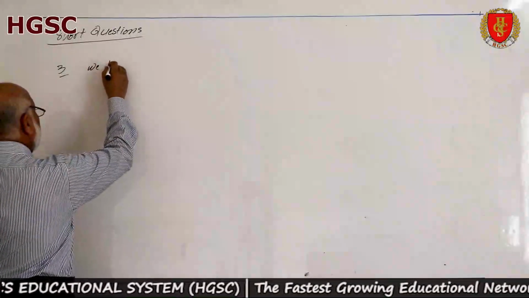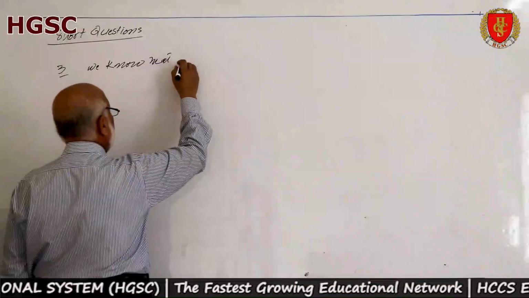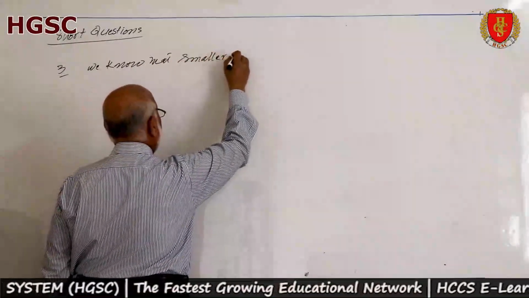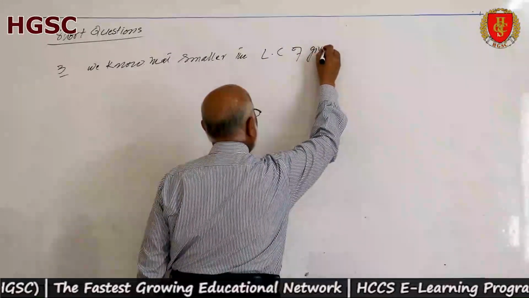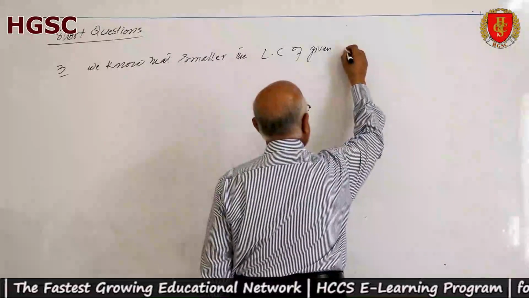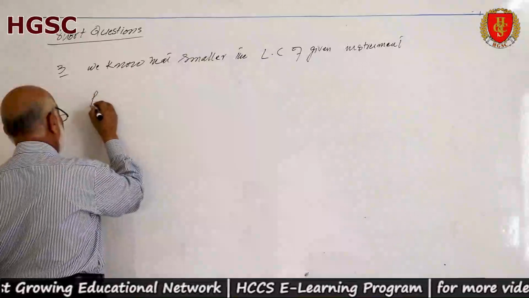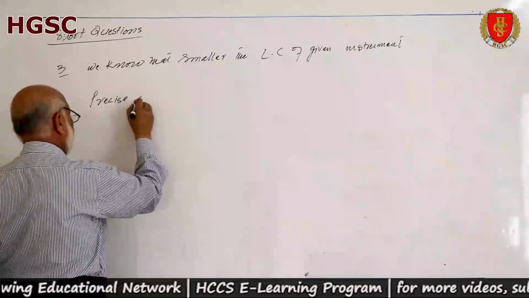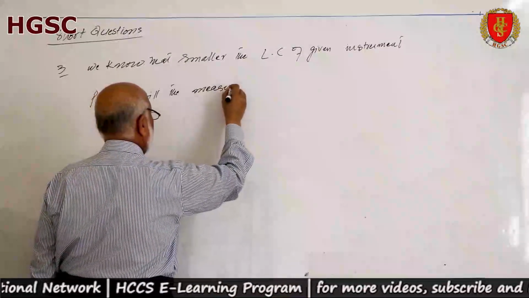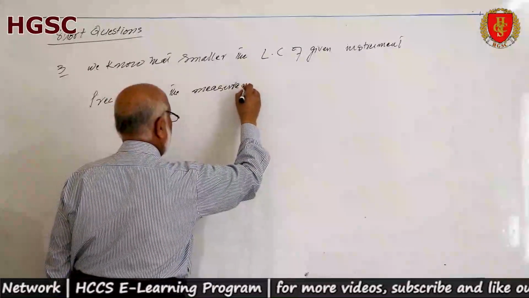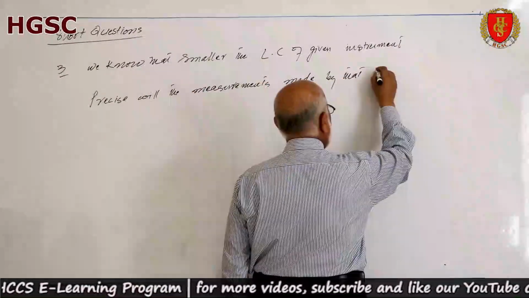We know that the smaller the least count of a given instrument, the more precise will be the measurements made by that instrument.